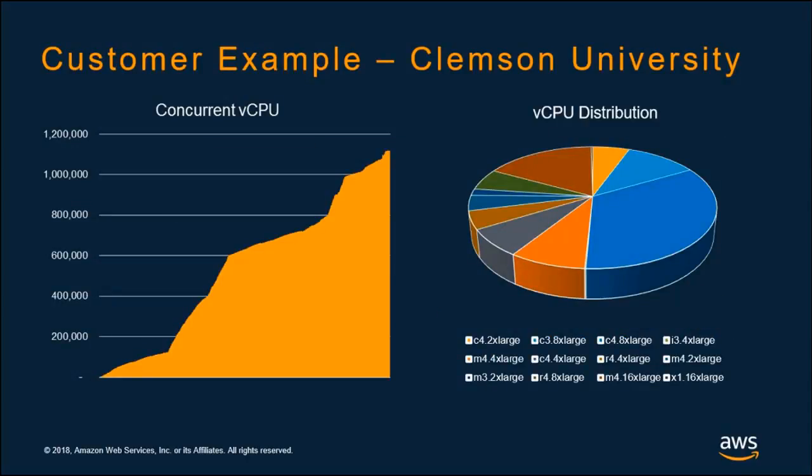Here gives you an idea. Clemson is an organization that was able to harness different instances. On the left-hand side, we can see how they scaled up to over 1 million concurrent vCPUs. On the right-hand side, in the pie graph, you can see the combination of different instances that was used to reach this scale.